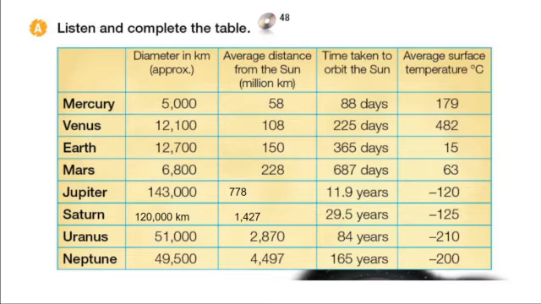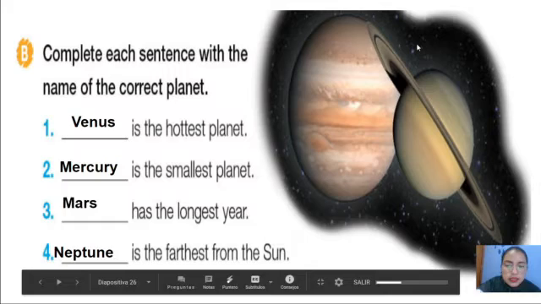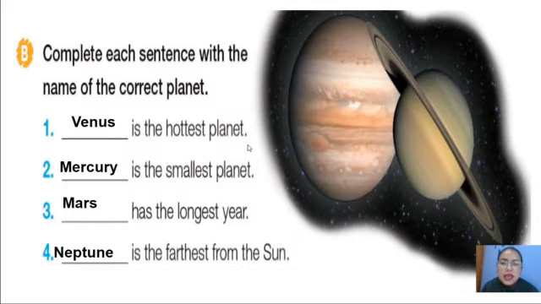Now, with this information, we are going to do activity B. Vamos a hacer la actividad with the same information. Complete each sentence with the name of the correct planet. Okay? In this case, for example, Venus is the hottest planet. Hot. What is hot? Caliente.